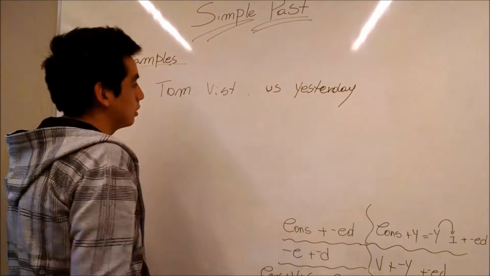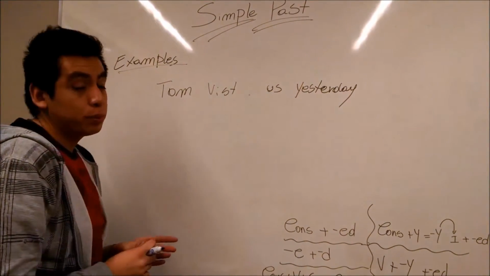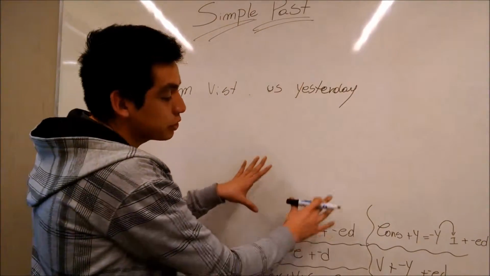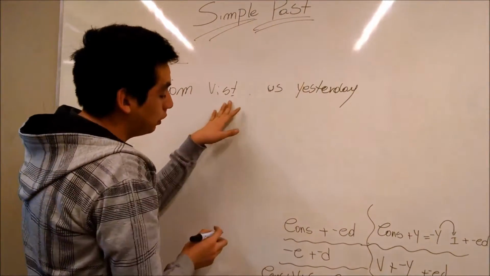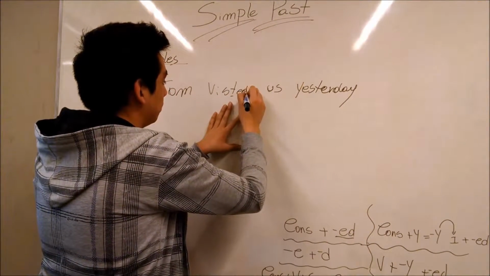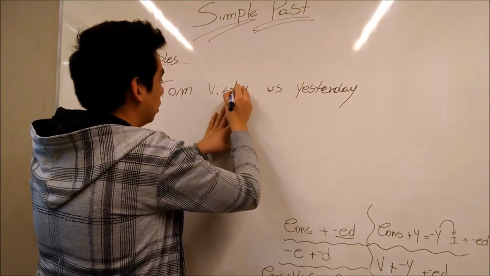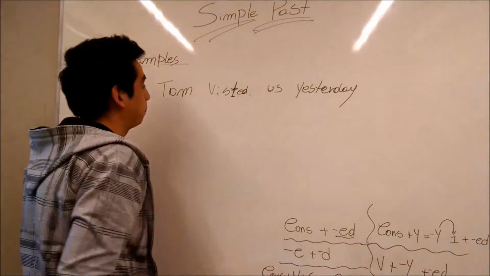In this case, how we are using simple past, we have to consider this rule. Visit ends with T, so we have to put ed. So, Tom visited us yesterday.